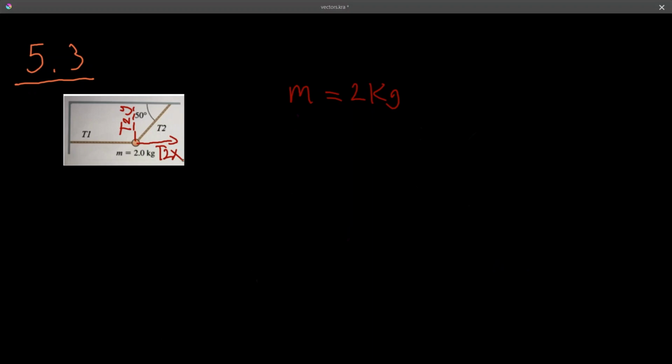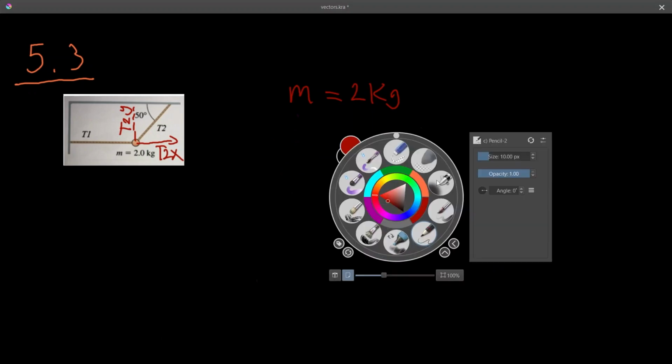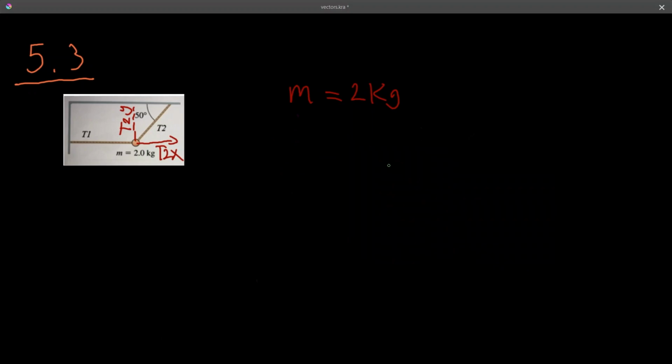Right? Since this is at equilibrium, we can say whatever is up is equal to whatever is down, the forces, and whatever is to the right is equal to whatever is to the left. So T1 in its entirety is equal to T2x. Let's change the color for T1.